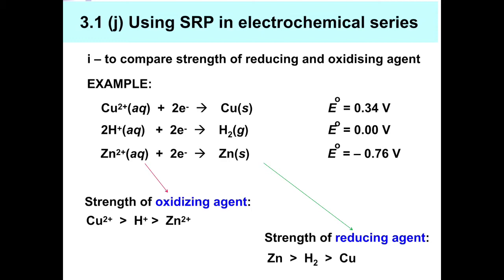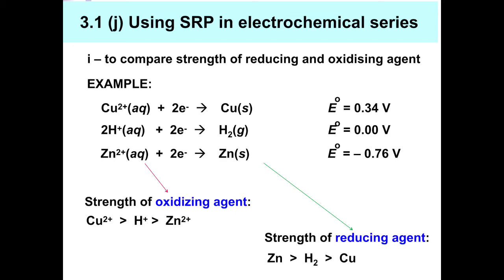So here, the most positive is Cu2+, followed by H+, and the last one is Zn2+.